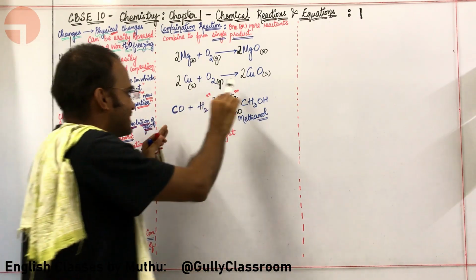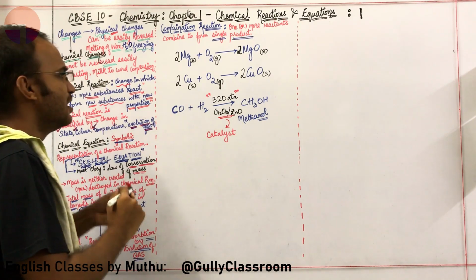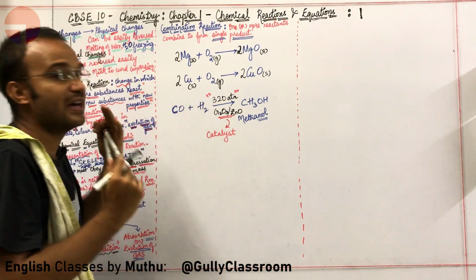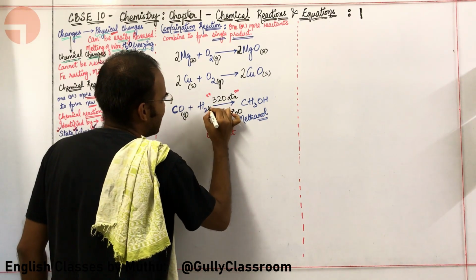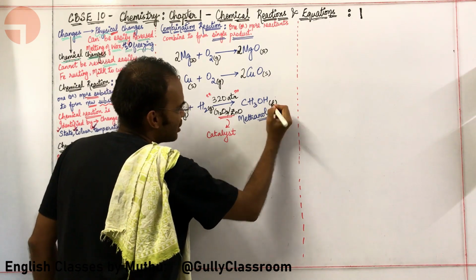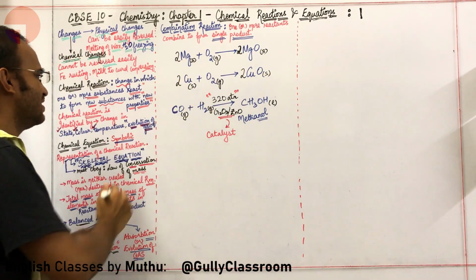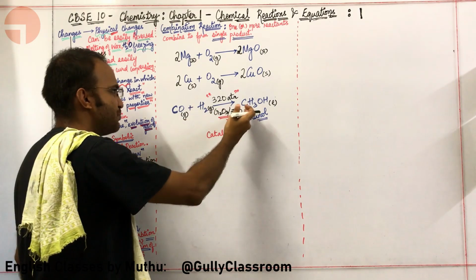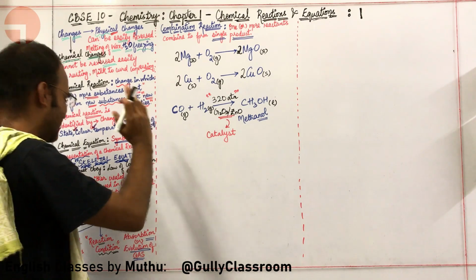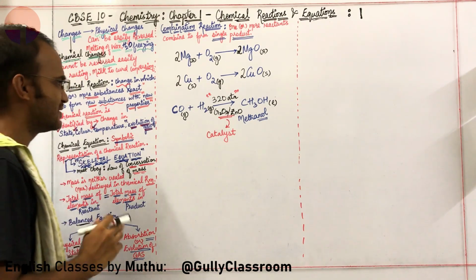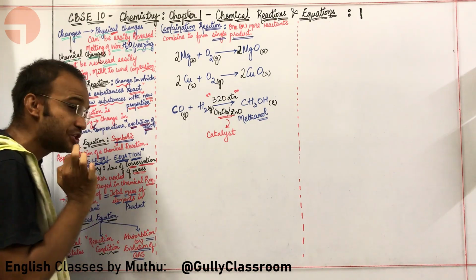Are you able to understand this particular reaction? Here I need to also specify the physical states. Carbon monoxide is a gas, hydrogen is a gas, methanol is a liquid. So this is a perfectly balanced equation. The physical states of the reactants and the products are given, the condition of the reaction is given, the catalyst is given. Okay sir. What else does a balanced equation need to have?